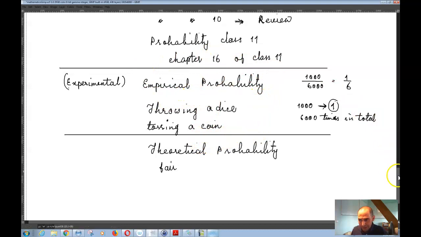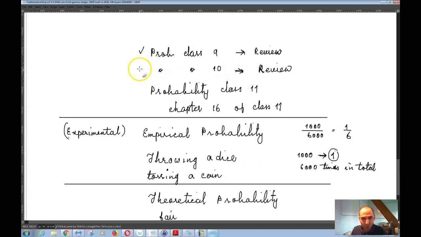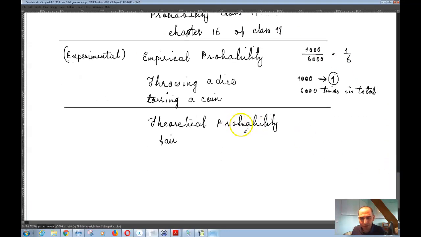Now in the next chapter, which was probability class 10, that we did the review, what we said was that the more we increased the total number of times that we threw the dice, the probability of, for example, getting a 1 was getting closer and closer to 1/6.